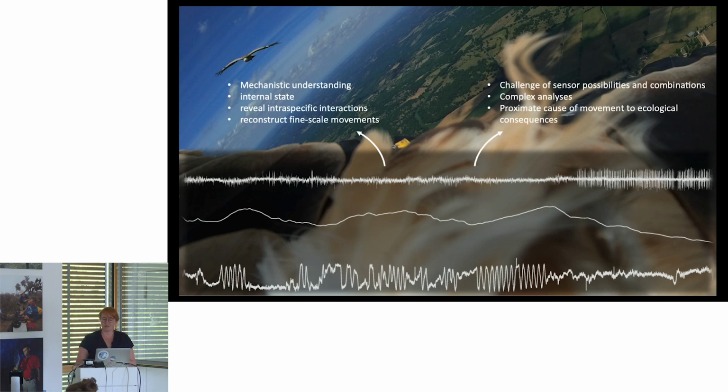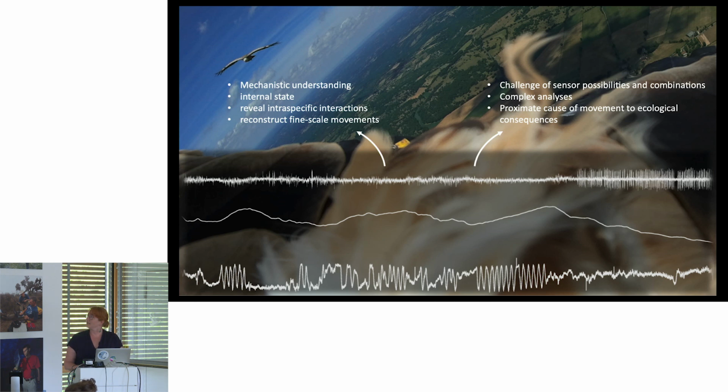But there's challenges with that, and we're going to go through that as well. Where the different sensors are providing you a little window into one aspect of movement, and you need to be able to put them together with many sensors to actually get a full picture of their behavior. And that is full of complex analysis, especially when we're working at sub-second levels that we might not be used to with our models, for example.